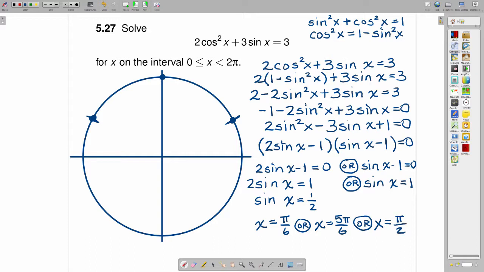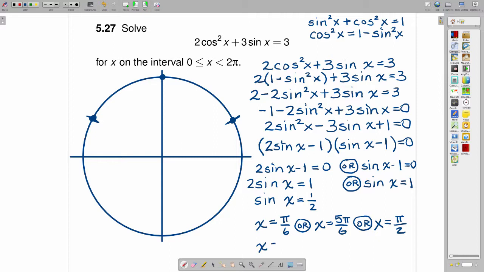So the answer to the question, when is this equation satisfied for x values between 0 and 2 pi? It's satisfied at 3 different x values, and those x values are here, here, and here. In this case, they are all written as radians. If you would like to write them in degrees, you can also do this.